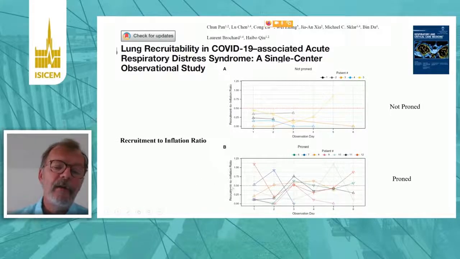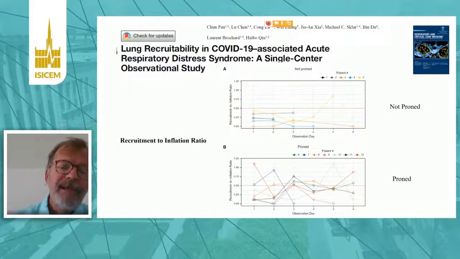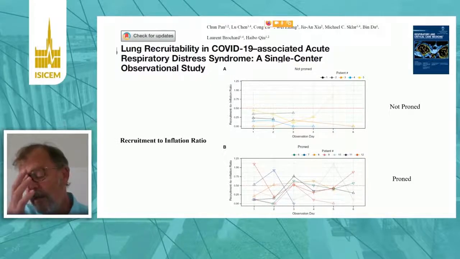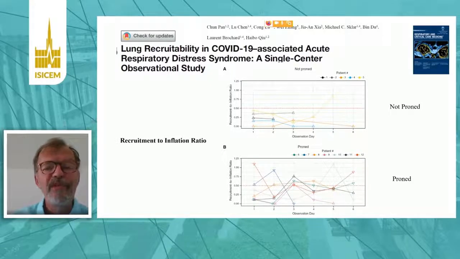We define a recruitment to inflation ratio higher than 0.5 as indicating recruitment. And it was interesting to see that many patients who went into the prone position were initially non-recruiters, but became recruitable after the prone position. It may be an additional benefit of prone position.